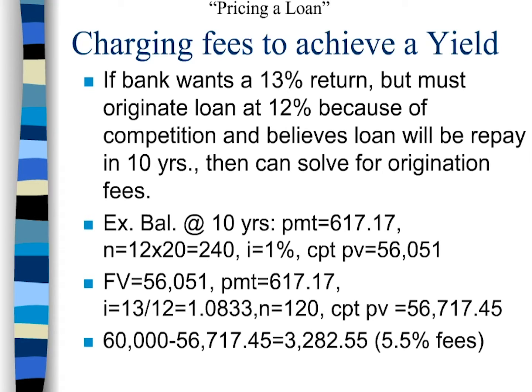So that would say that we'd have to have closing costs of the difference between that and $60,000, $3,282.55, which is 5.5% of fees. So the bank would have to come up, between points and other closing costs, with $3,282.55, and under the assumption that the loan would be paid off in 10 years, they would get their 13% return.